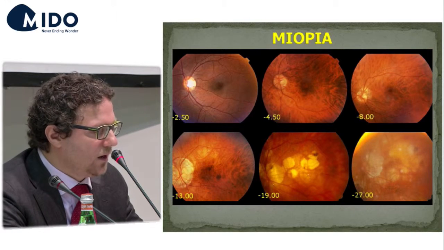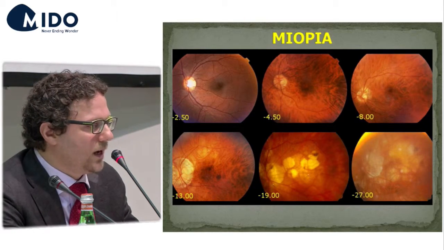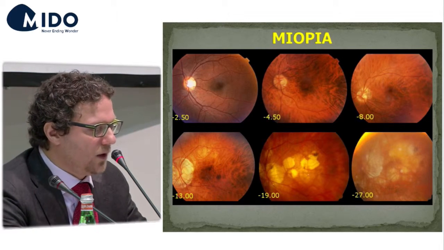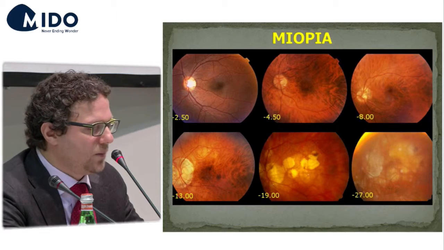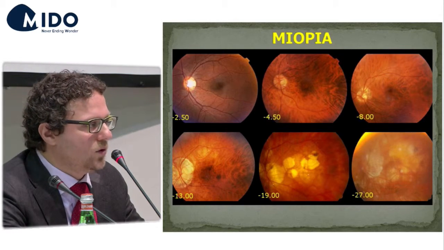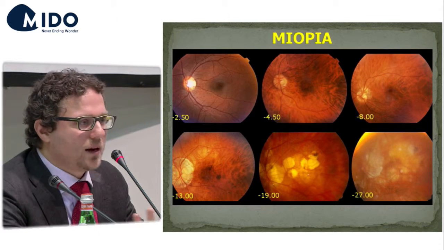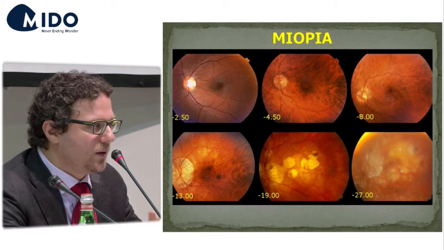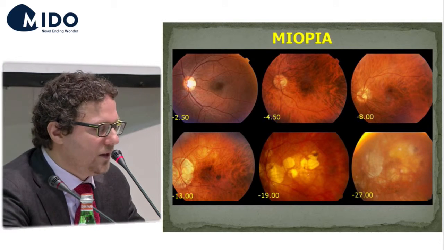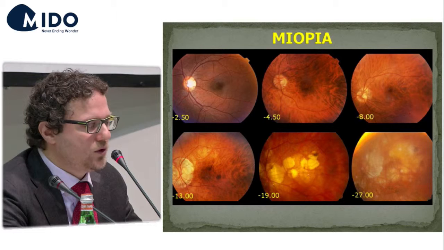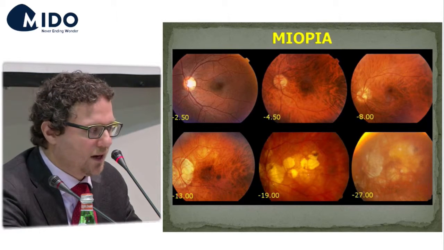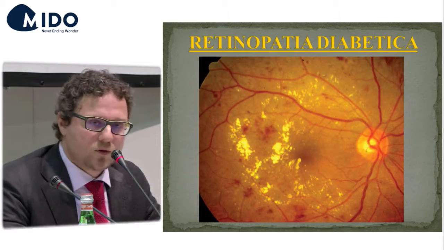This is a slide showing you nearsightedness, normal retina, when nearsightedness is not so severe, to then get to atrophic pigmentary alterations. And today we shall speak about two recurrent diseases in the population, diabetic retinopathy and macular degeneration, diseases that can be analyzed by RetinaLyze.